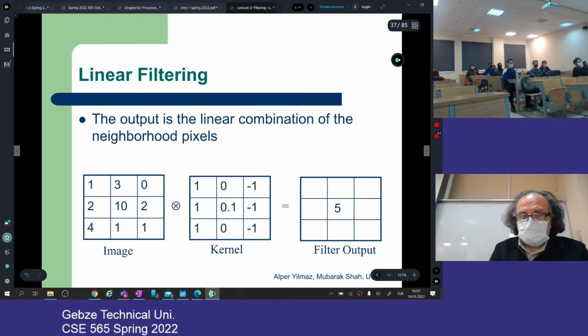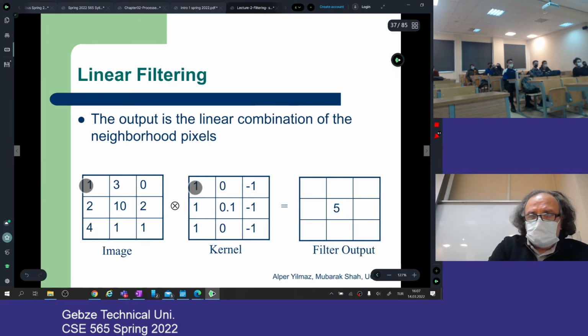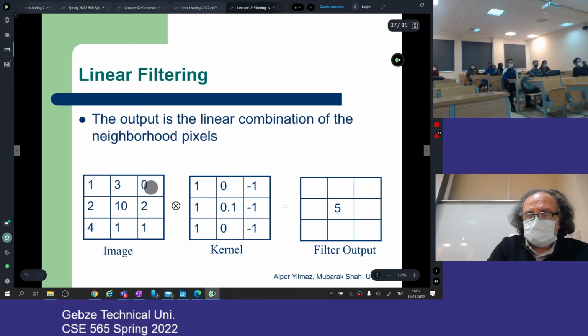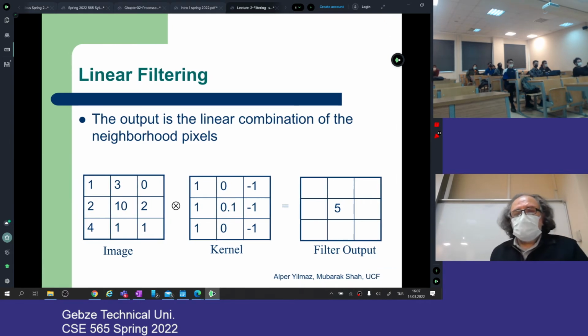So 1 times 1 plus 0 times 3 plus 0 times minus 1 plus 2 times 1 plus 10 times 0.1. If you do these 9 multiplications and 8 additions, you will get a 5. That will be the filter output.